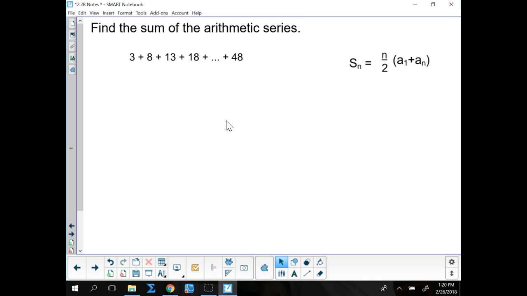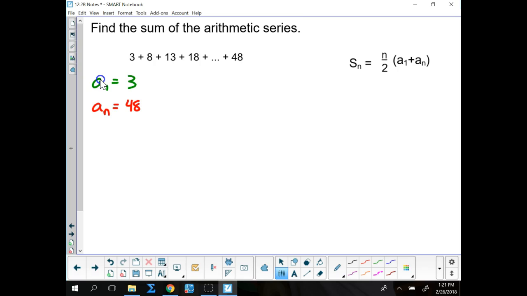All right. Do I know my first term? Yes, it is 3. Do I know my last term? Yes, it is 48. Do I know the total number of terms? But do we know it right from the start? No, don't know it, so we got to find it.